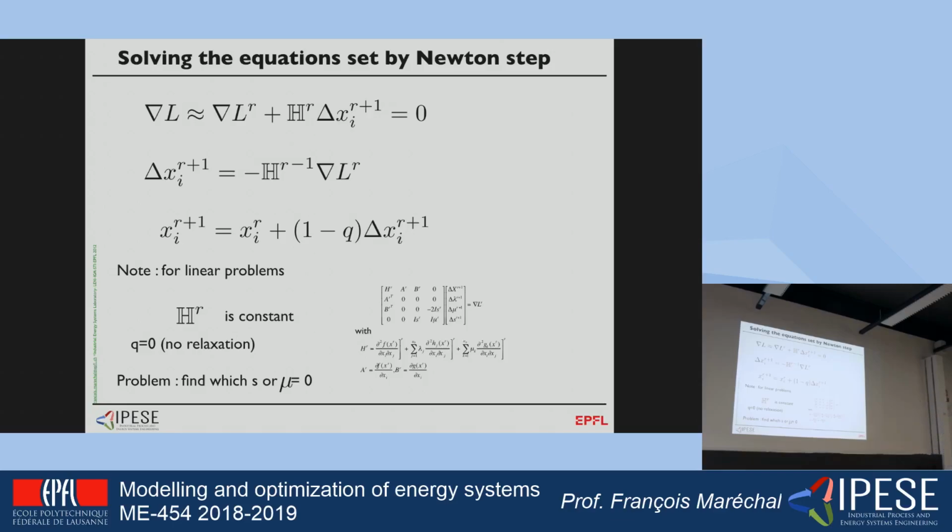So relaxation will always be there, and if the problem is quadratic, I will directly converge towards the solution. If not, then I will have to take actions to limit the steps that I'm doing to avoid going outside the significance of the first order development.